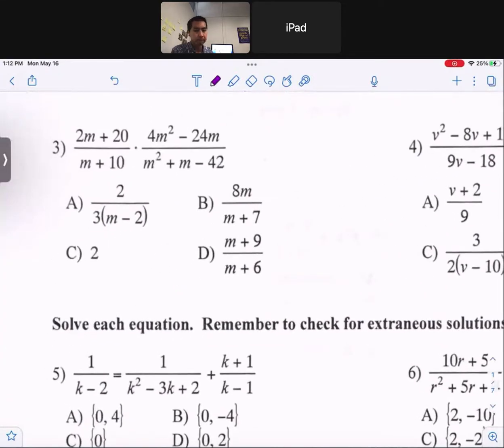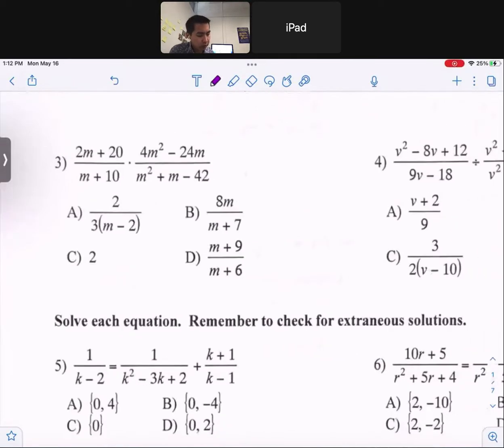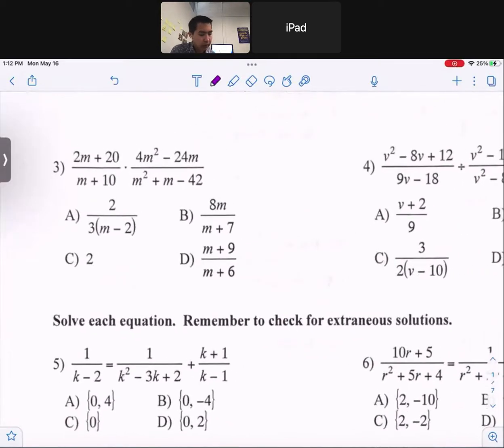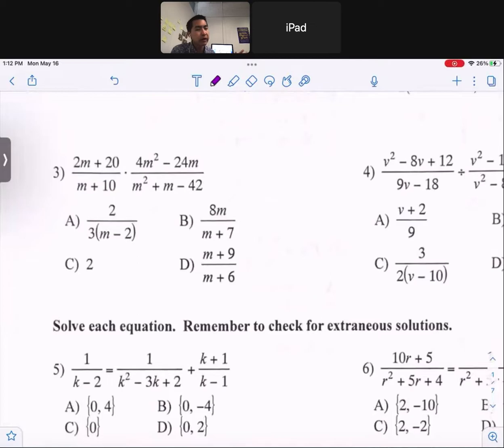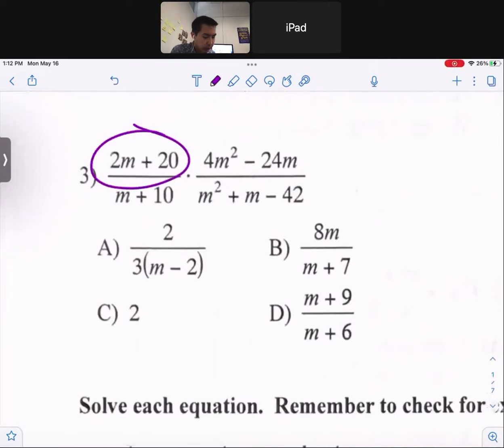Number 3. When you multiply or divide, you gotta factor out everything and then cancel from top and bottom. Here we can factor out a 2 from both to get m plus 10. Can't do anything with that.